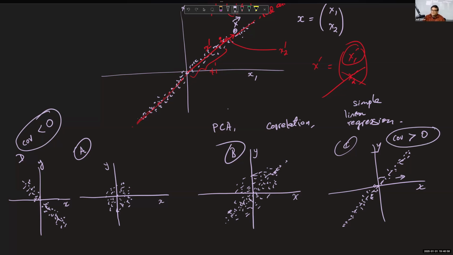And for C, covariance is positive. It is really pronounced positive. They are very distinct cases. Now look at A. What would you say about A? If X increases, does Y increase or decrease? Not at all. You can't tell. For every point where you seem to have a bigger Y for a bigger X, there is another point which has a smaller X, smaller Y for a bigger X, isn't it?